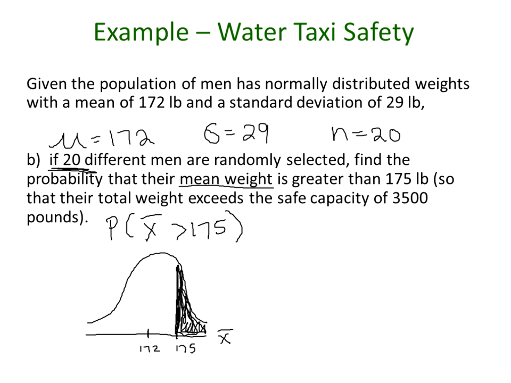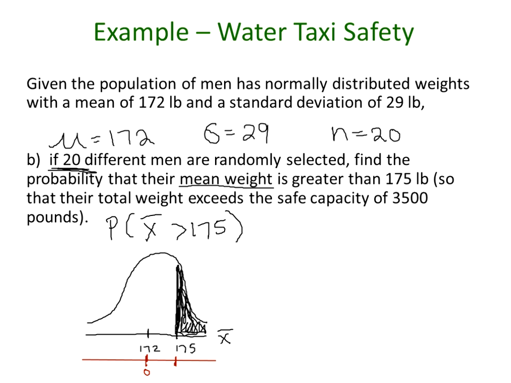Now, I don't have a standard normal distribution here, so I need to draw my horizontal scale so that it represents a standard normal distribution. So that means I need to find the z-score that corresponds to the 175.